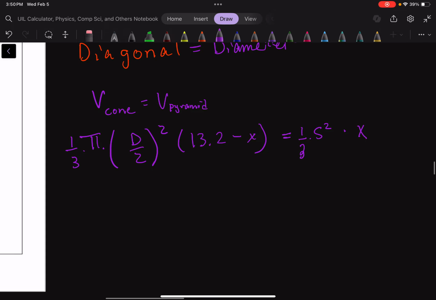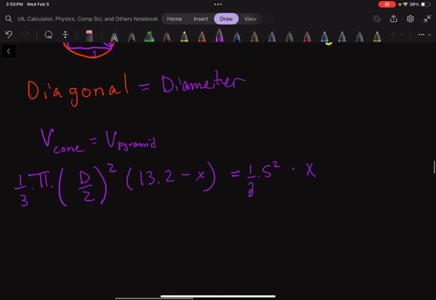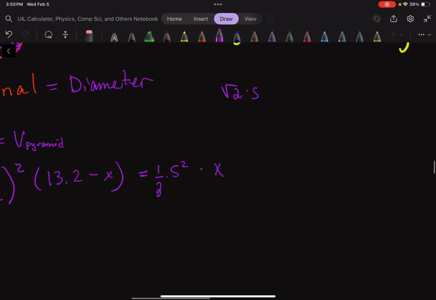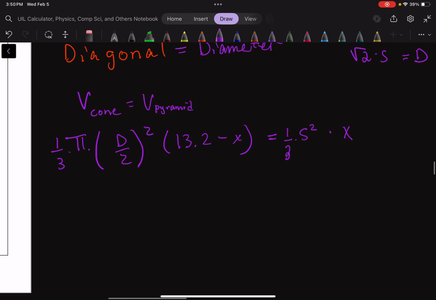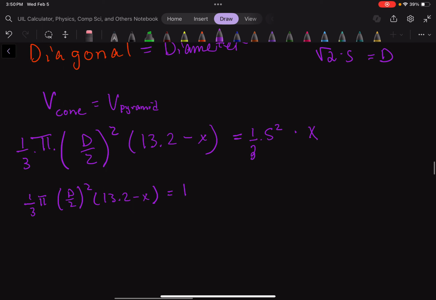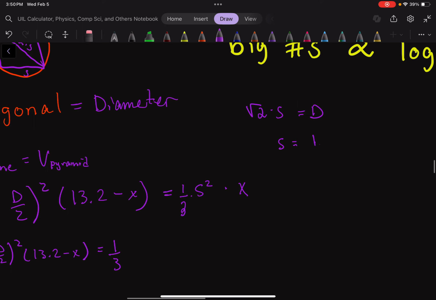Alrighty. So the challenge here is that we need to, again, talk about the side length and the diameter. Well, don't forget the diagonal is square root of 2 times the side length, and all of that is going to equal the diameter. So putting all this together, we get 1/3 pi diameter over 2 squared times 13.2 minus x equals 1/3. And the side here, if we solve for the side length, is going to be the diameter divided by square root of 2.